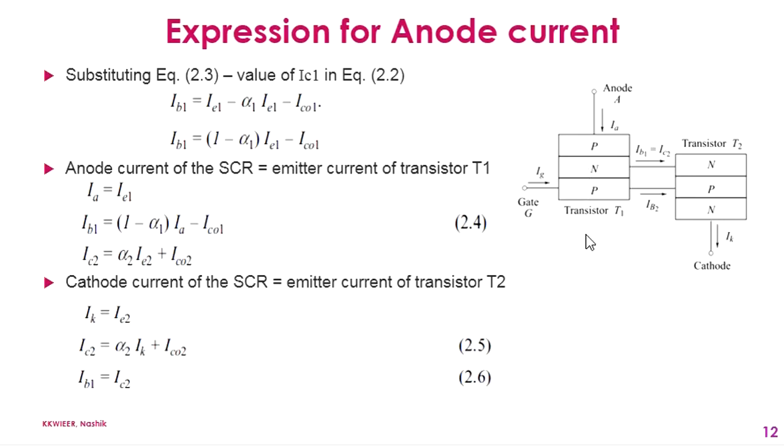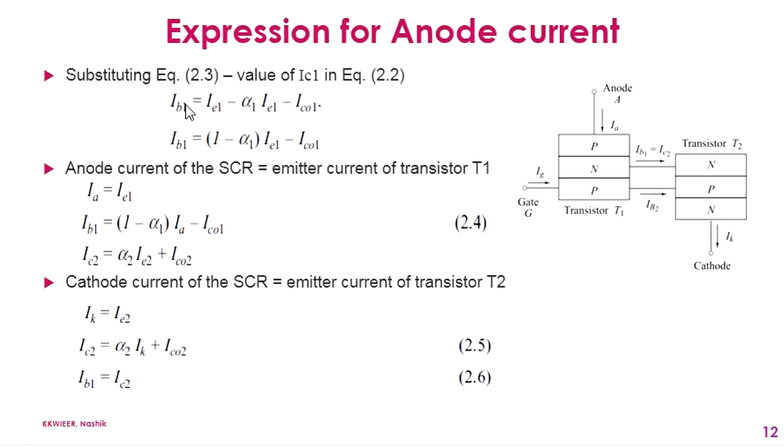So it is observed that this is the anode terminal, gate terminal and cathode terminal. The anode current of the SCR will be IA, that is the emitter current of transistor T1, right? And the cathode current of the SCR will be IK, that is the emitter current of transistor T2. So IA is equal to IE1, anode current is equal to emitter current of T1.